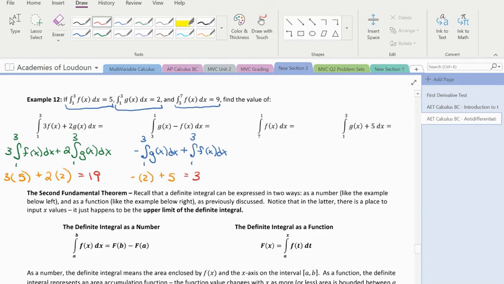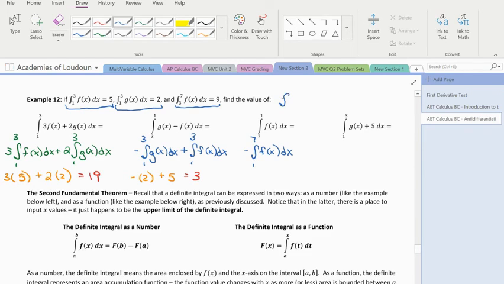Now, looking at the integral from 7 to 1, we know that it is the negative of the integral from 1 to 7 of f of x dx. Well, now we need to figure out what the integral from 1 to 7 is.